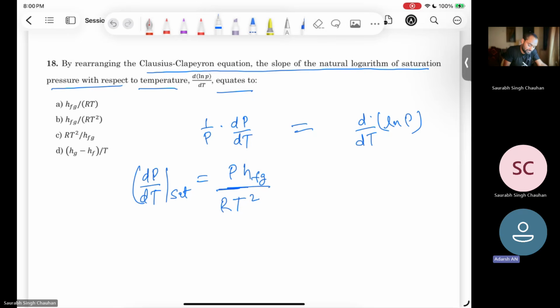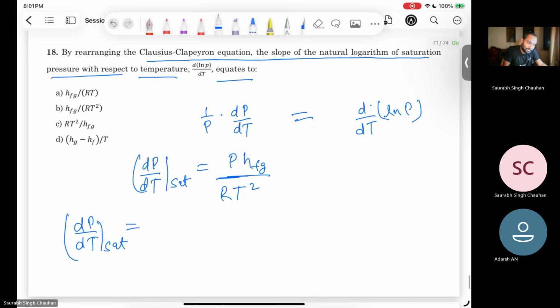Actually, in the Clapeyron equation in general, dP by dT was hfg divided by T times vfg. So h by T is still there.